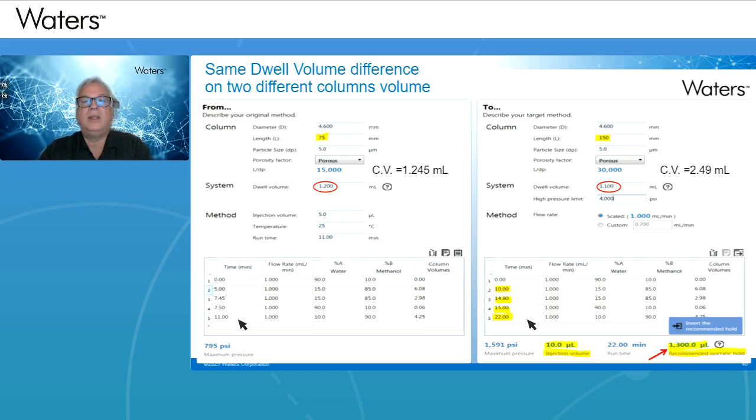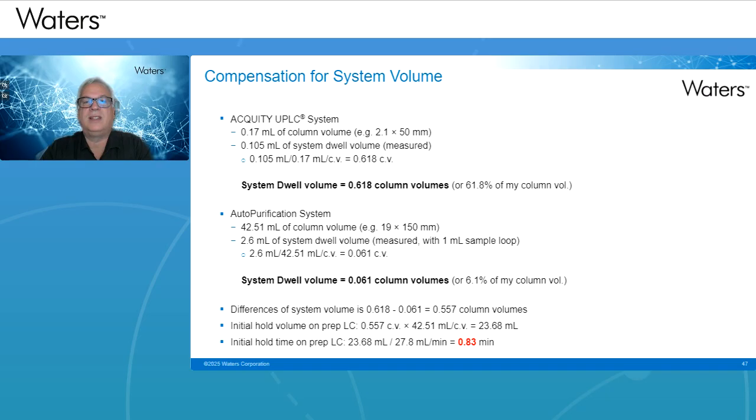But my dwell volume here, if it was one or 2 column volumes, will be half of a column volume because my column volume is extremely high. So in this case, I will need to compensate. I will need to add the 1.3 milliliter delay to mimic the same number of column volumes for my dwell volume here. It sounds complex, but stay with me. You will see the examples later. You don't need to remember all of that. Just be aware that you need to compensate for that, and the system will compensate for you. You don't need to do anything.